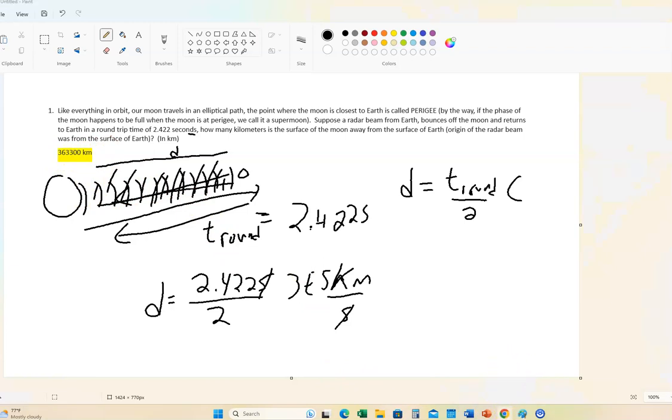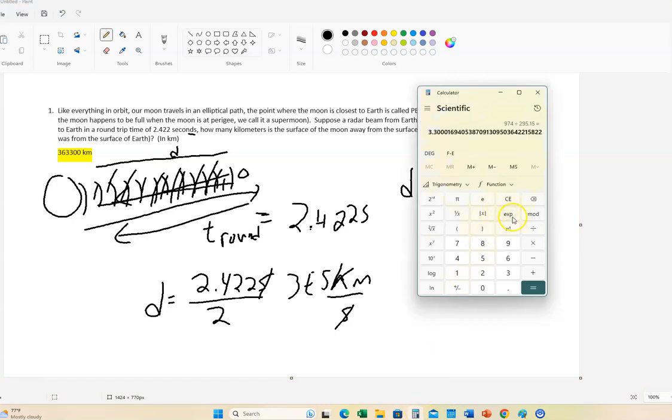Oops, that's the wrong thing. I didn't mean to do that. There we go. Clear that. So 2.422 divided by 2 equals, and that's the time it takes the radar beam to reach the moon.